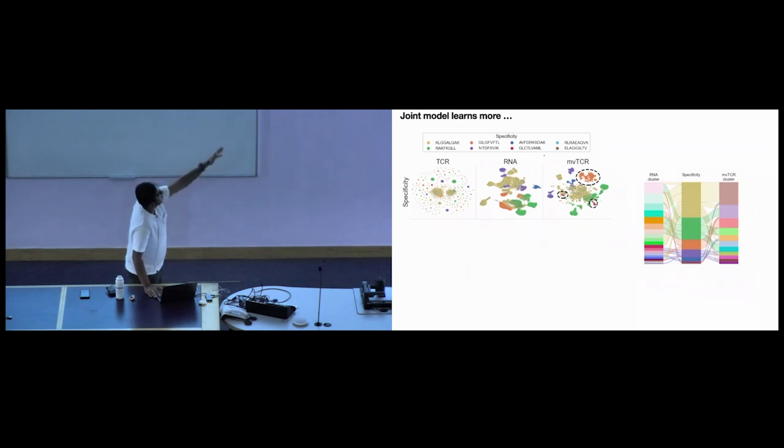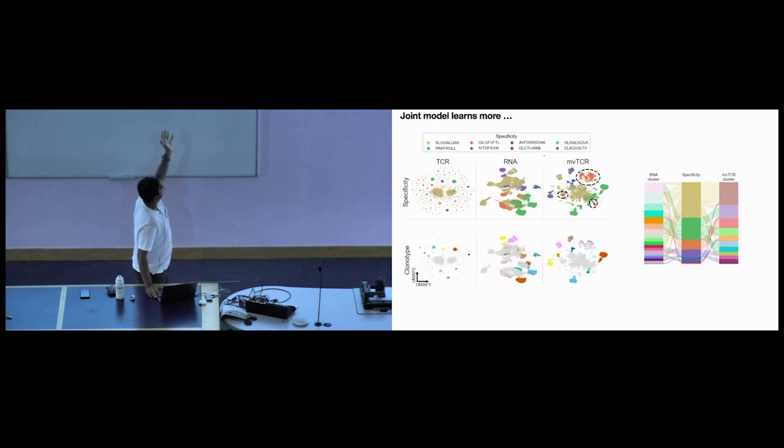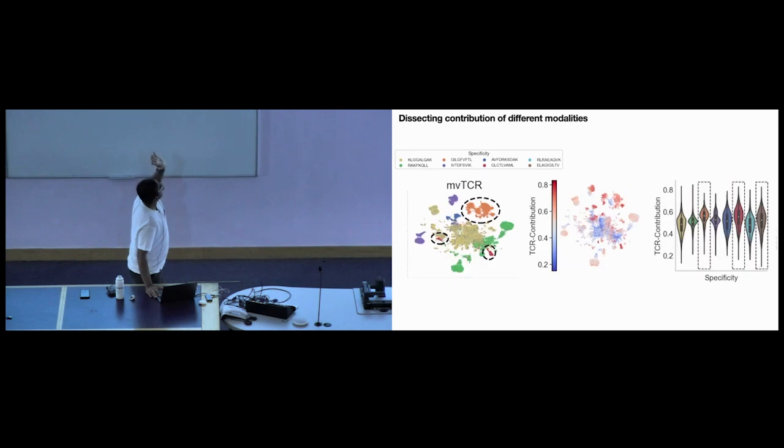And we actually show it: if you cluster the RNA and then you map those clusterings to the specificity labels, as you see on the top, you see more coherent clustering in the joint model compared to the single model. And the same thing for the clonotypes, yeah?